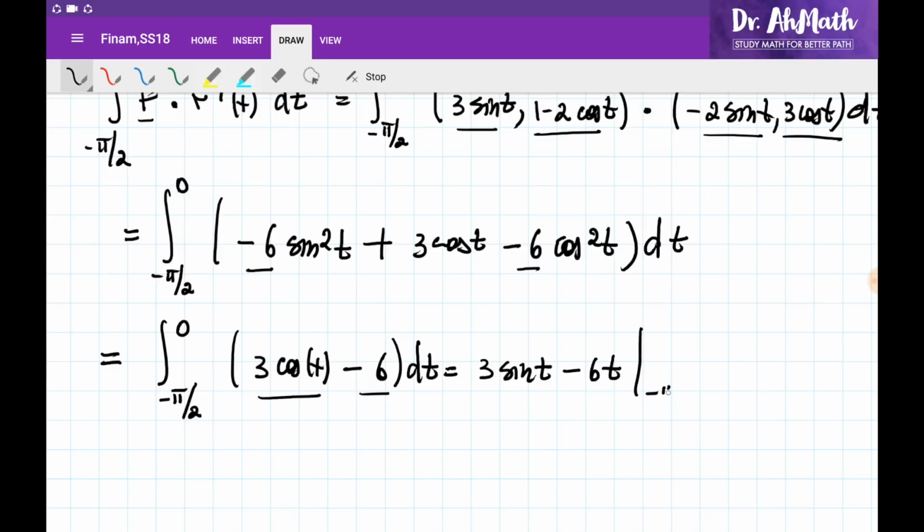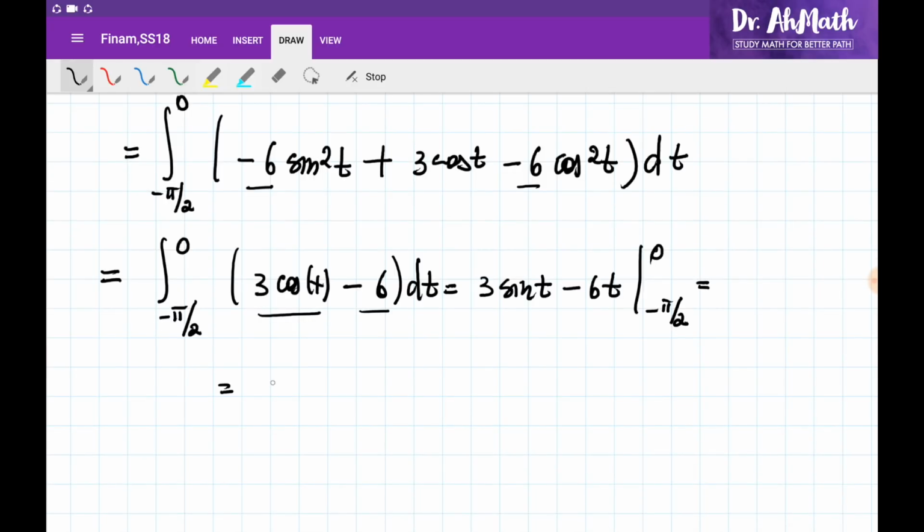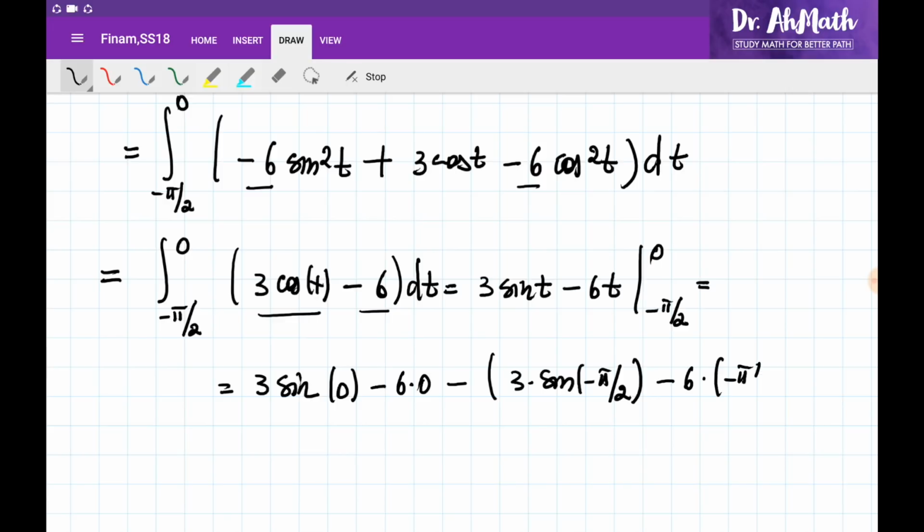So we need to substitute minus pi over 2 and 0. Let's first substitute the 0. It's going to be 3 multiplied by the sine of 0, minus 6 multiplied by 0, which is simply 0. And minus, we need to substitute minus pi over 2. It's going to be 3 multiplied by the sine of minus pi over 2, and minus 6 multiplied by minus pi over 2. Actually, this term is 0.